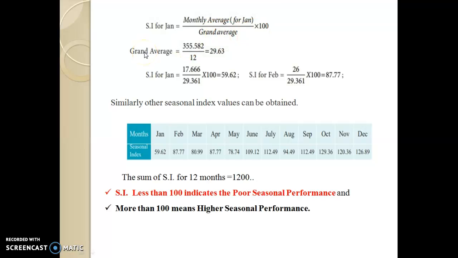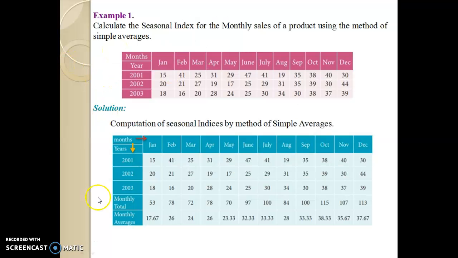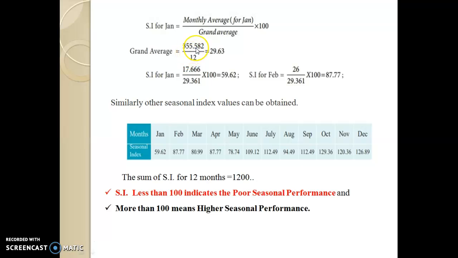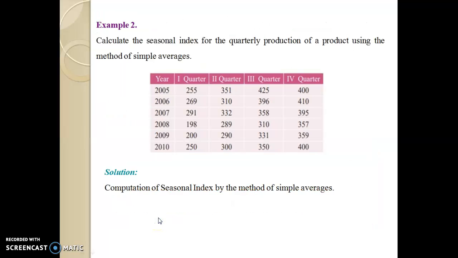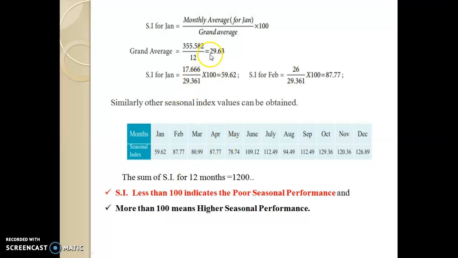The grand average of all these monthly averages is 355.58 divided by 12, because there are 12 months. That is 29.63. For January, 17.67 divided by the grand average, the average of averages, 29.361, multiplied by 100, becomes 59.62.